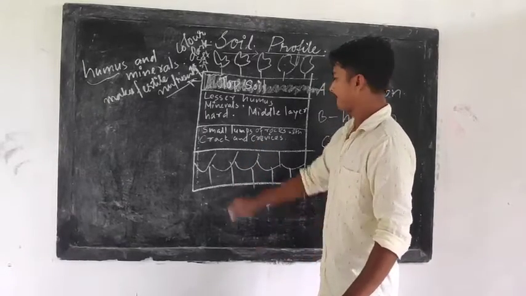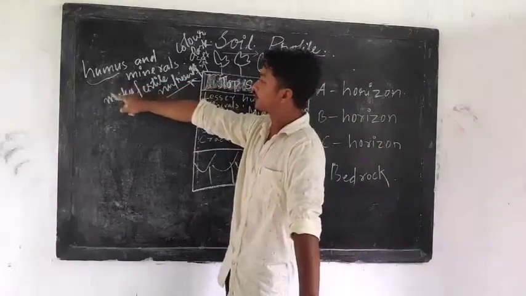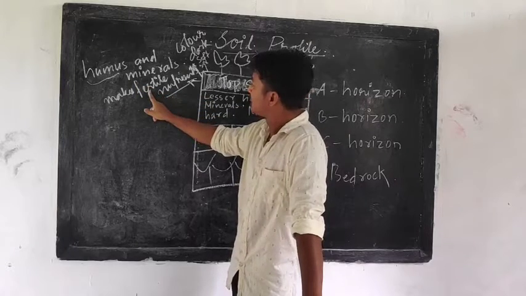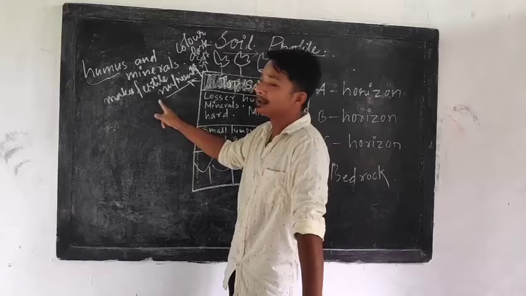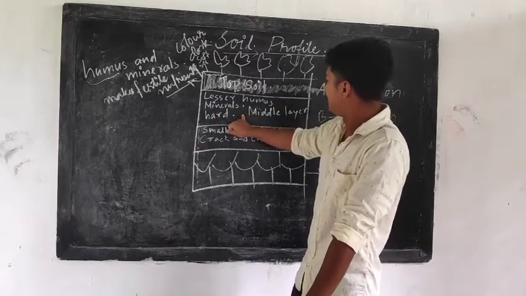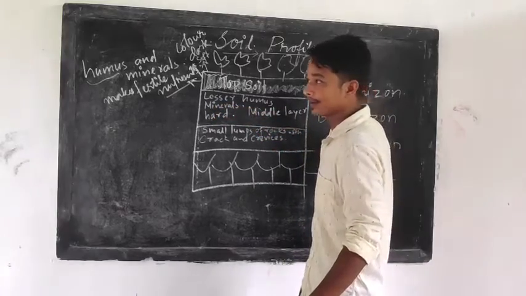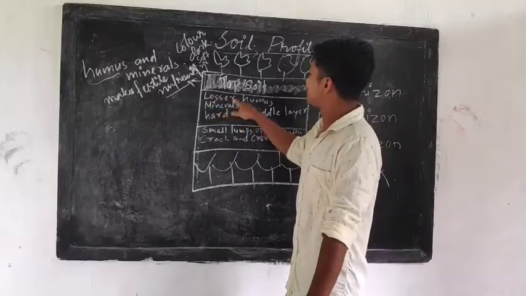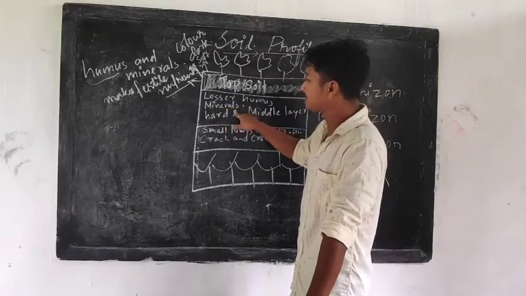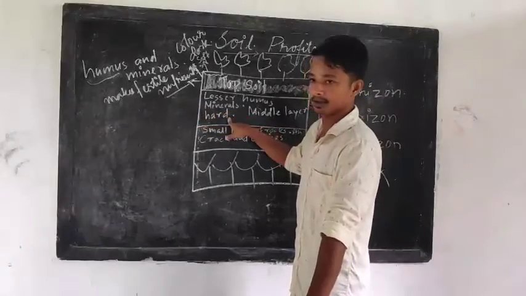Just remember, the topsoil is full of humus, it has minerals, makes the soil fertile and provides nutrition to the plants. And the middle layer, which can also be called the B horizon, has lesser humus but is rich in minerals, and the layer of this soil is hard.